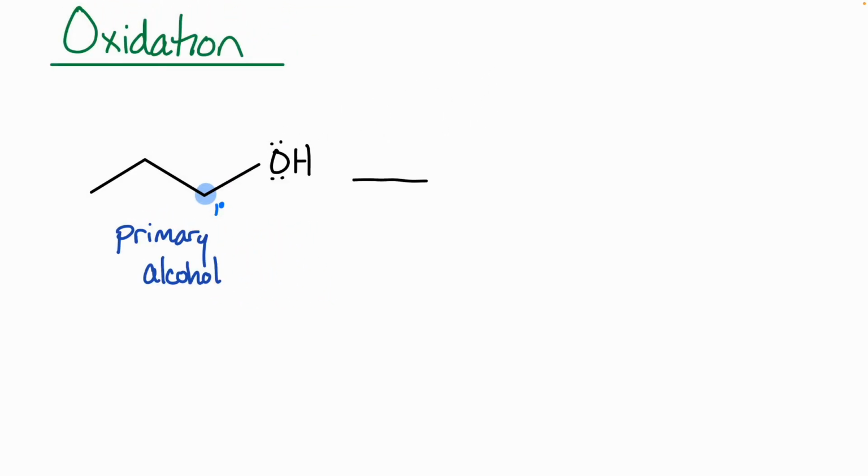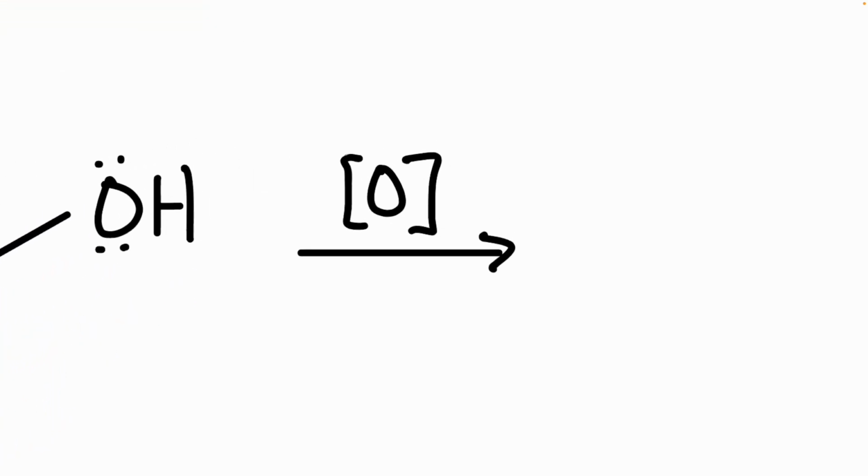All right, and what we're going to do is we're going to oxidize this primary alcohol. And for right now, I'm just going to use this O in bracket to represent any generic oxidation reagent, and then we'll introduce specific oxidation reagents here in a bit. Generic oxidation reagent.